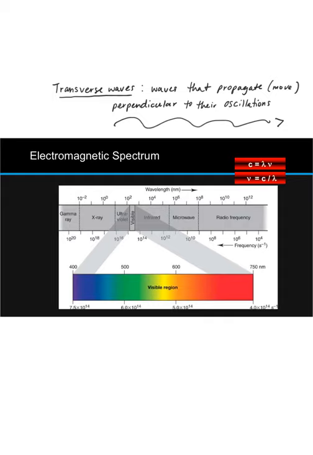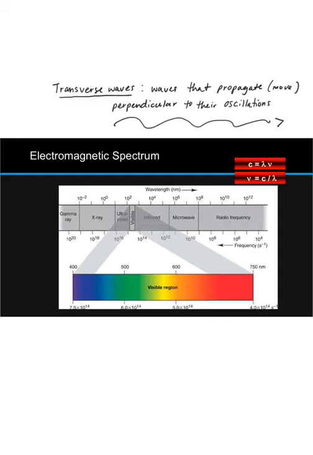Like sounds, we can categorize light on the basis of either wavelength or frequency, and we can split up distinct regions of wavelengths and frequencies for light waves as part of an overall electromagnetic spectrum. In this electromagnetic spectrum, we give names to particular regions of light depending upon their wavelength or frequency value.